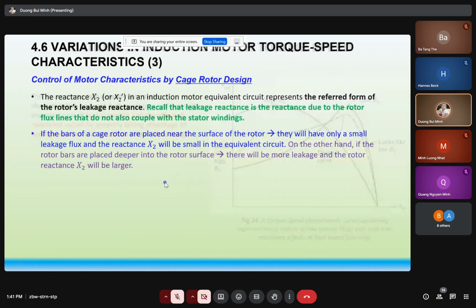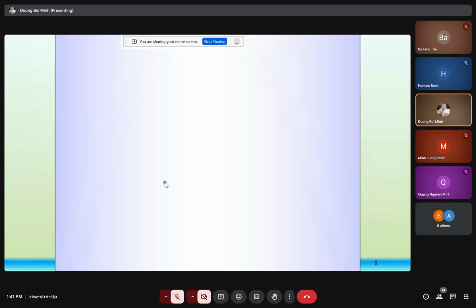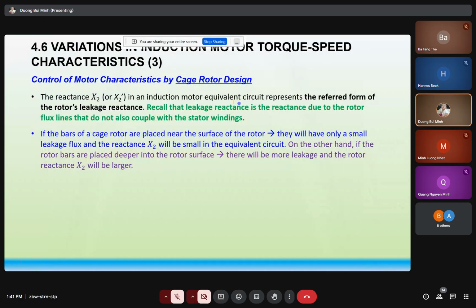So, continuing. Here, as I mentioned before, we have many squirrel cage rotor designs. Later on I will tell you more.